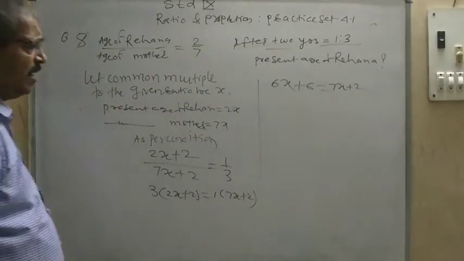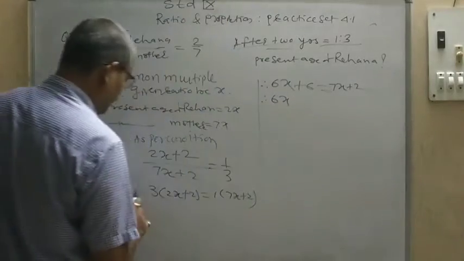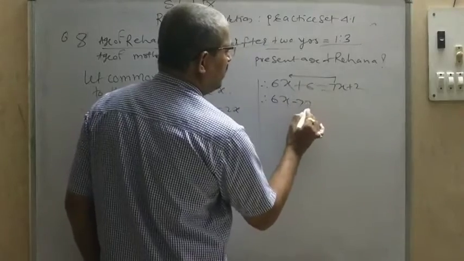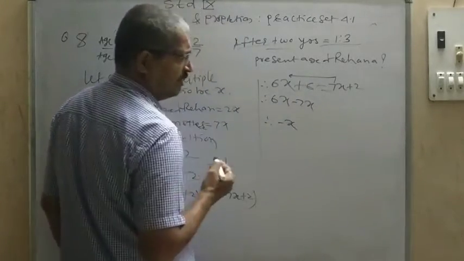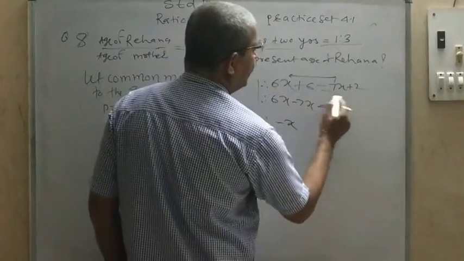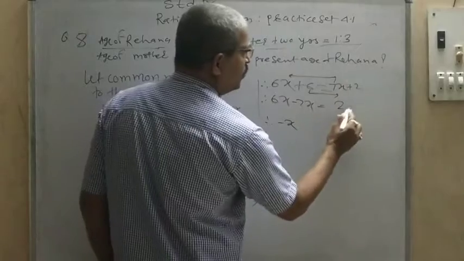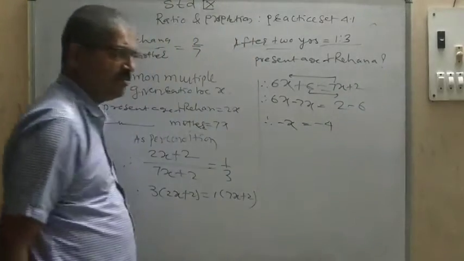Okay, is it clear? Now this 7x comes to the left hand side, becoming minus. Then 7 minus 6 means minus x will come. On the right hand side there is 2. This 6 from the left hand side goes to the right hand side, 6 minus 2 becomes minus 4.